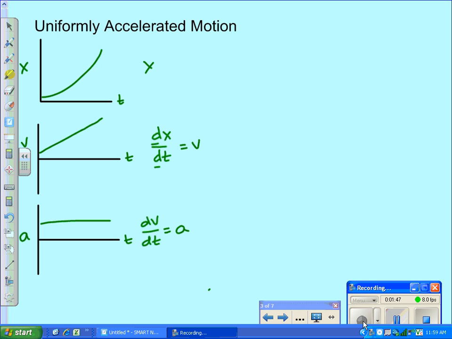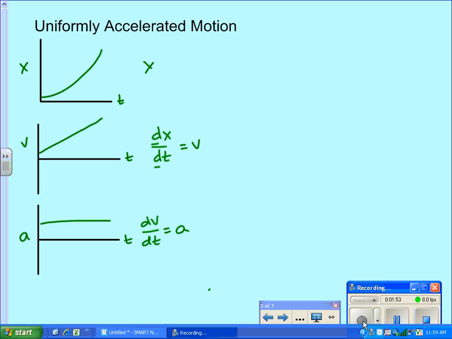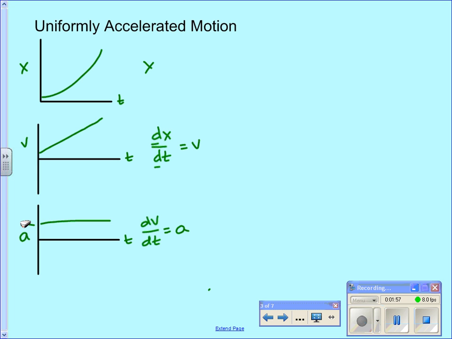I think the easiest place to start is with the acceleration. We're going to study just constant acceleration in this class, so the acceleration won't vary. That means we expect a flat line when dealing with acceleration versus time. So a is constant, and I'm going to recast it this way: a small change in velocity, dv, equals a times a small change in time, dt, in differential form.